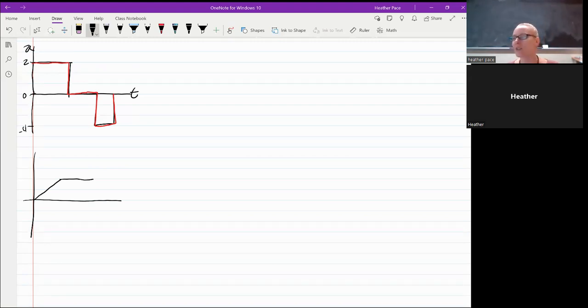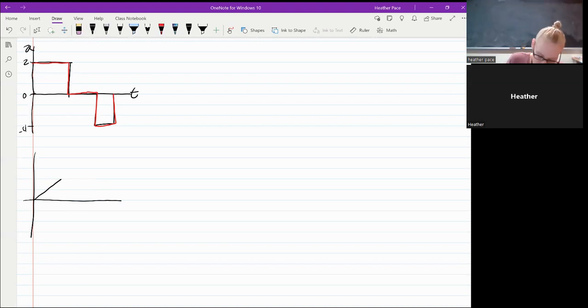Right there. Okay. Then you see that our acceleration drops to negative, which means instead of accelerating, we're decelerating. So then we're going to see another linear relationship because it's constant, but it's going to look like that.